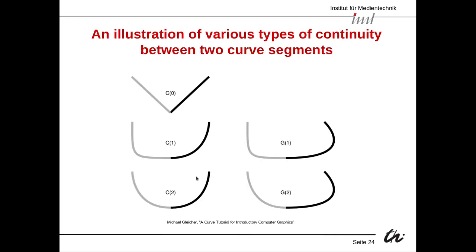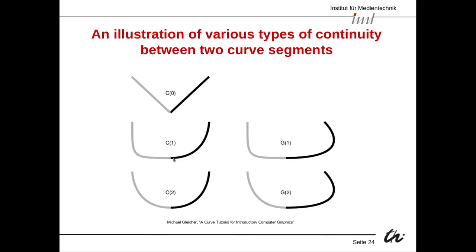So here you can see examples. Here you have C0 continuity, which means two line strips meet at the same point, but the derivative is different, right? Different derivatives, that's why we have a sharp edge here. Then we have the C1 continuity.